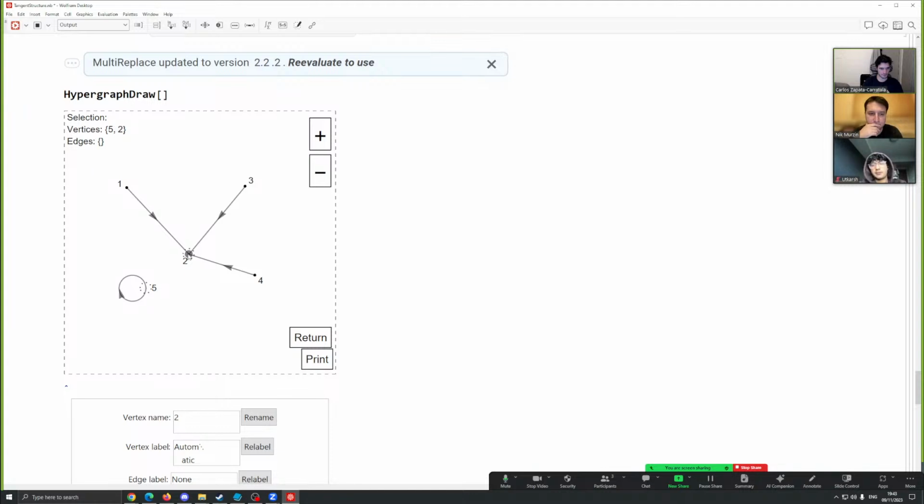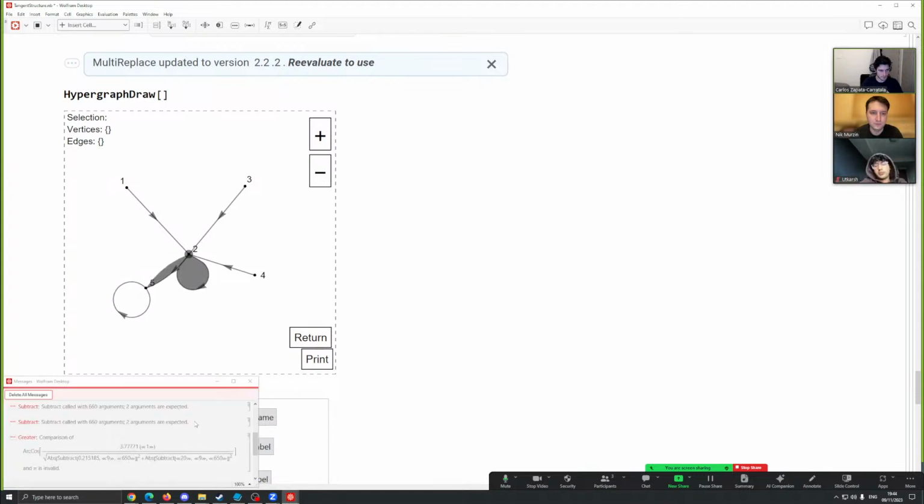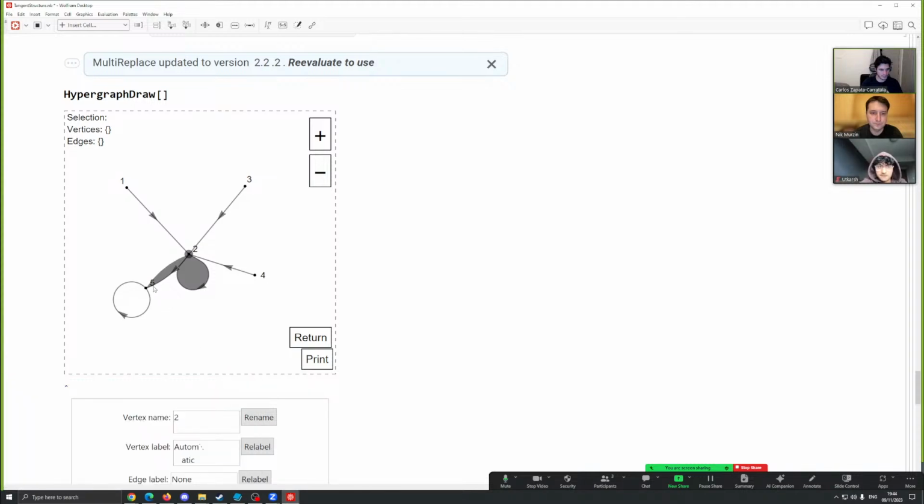No, it's Alt. And I also cannot delete by pressing delete. Oh my gosh. Why is it so slow?